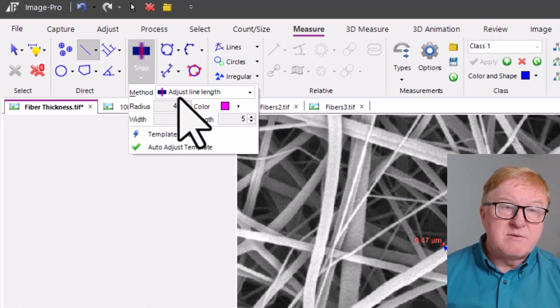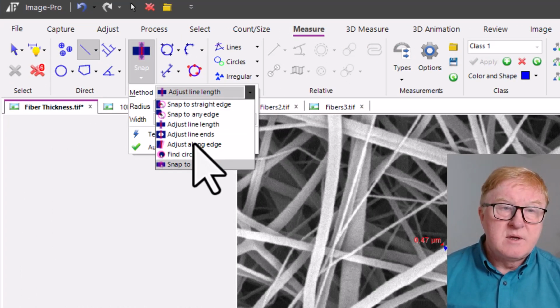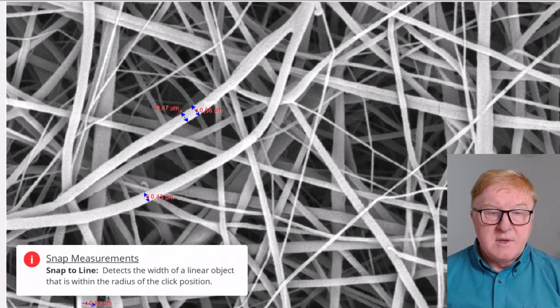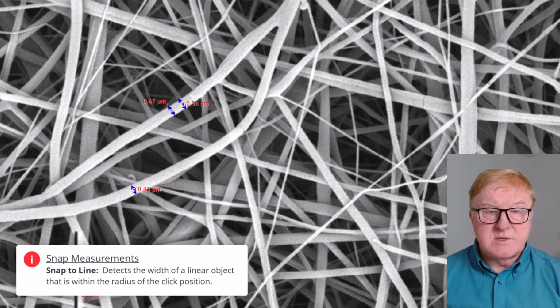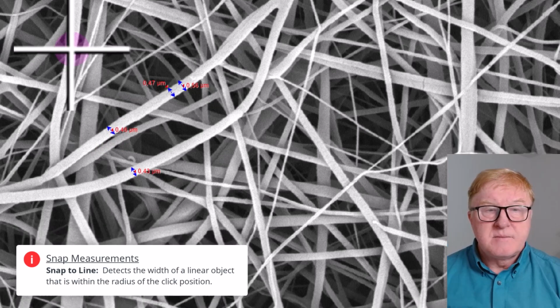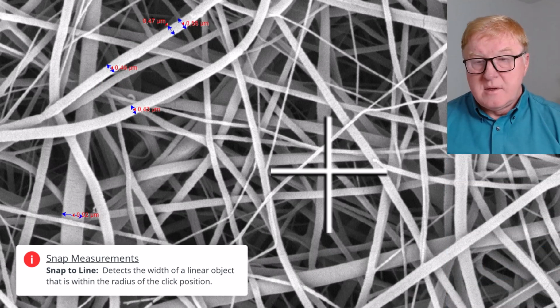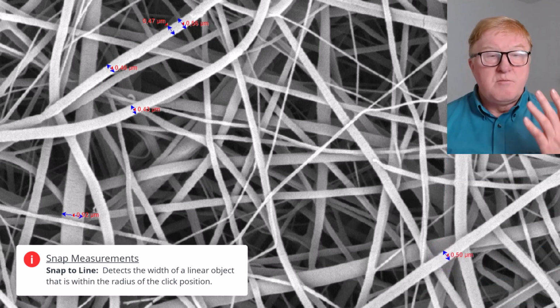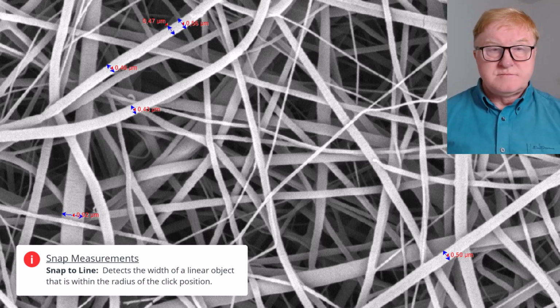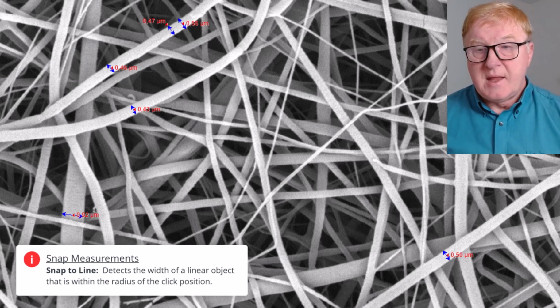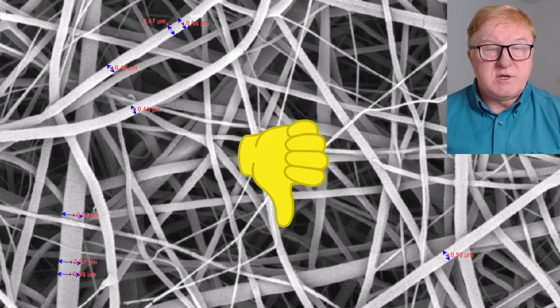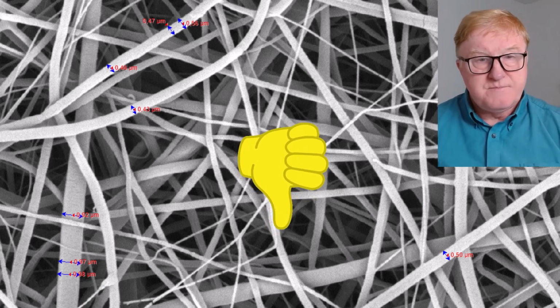We can even make it faster using the single click. For example, we can click somewhere in the fiber and generate a measurement with a single click. Still hundreds of clicks, and talking about hundreds of measurements, we'll never do it in time.